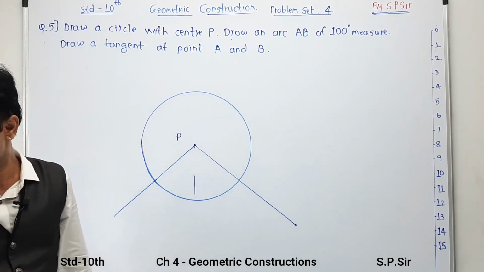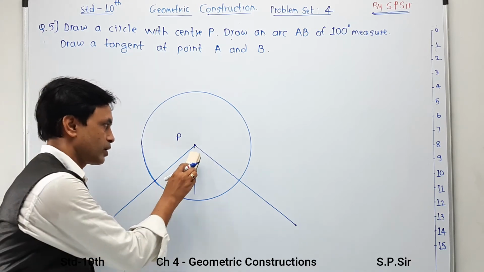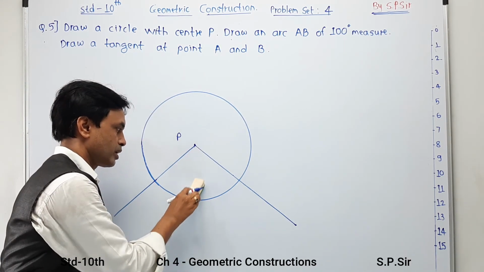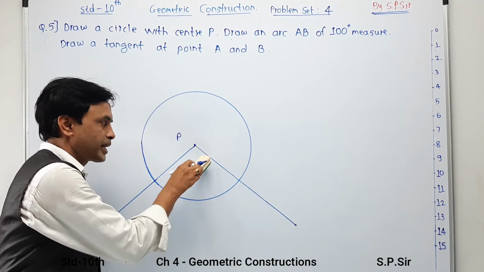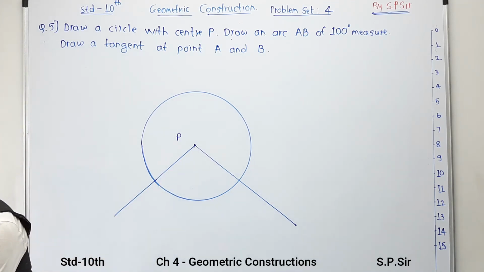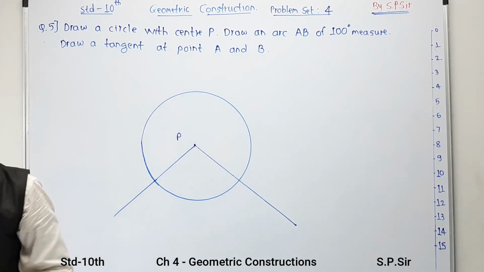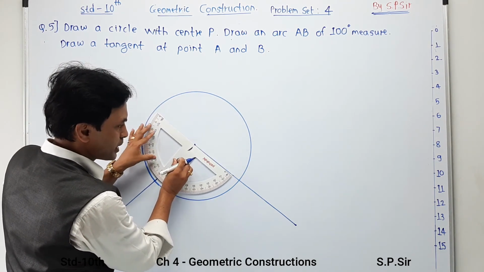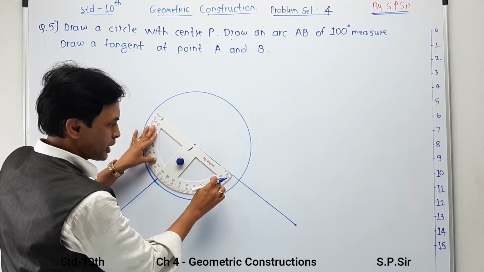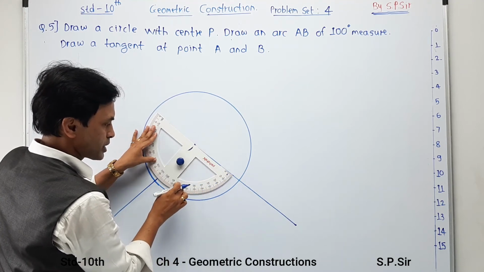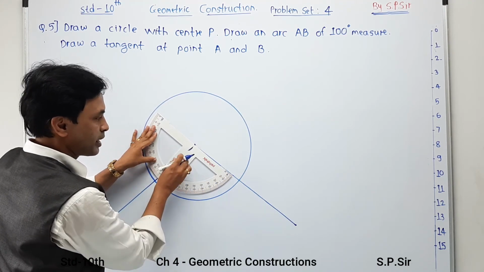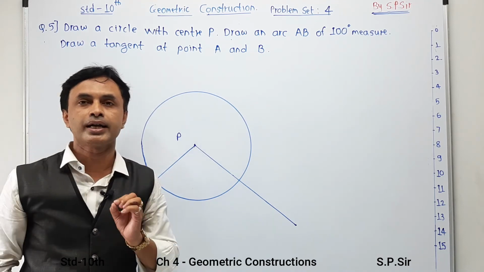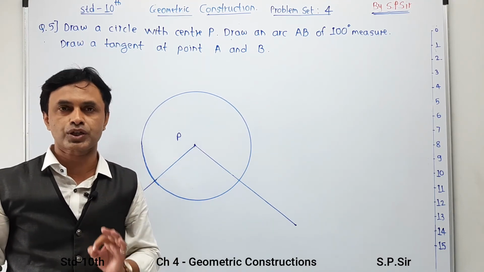If you just remove this line over here, automatically this angle is 100 degree. And again for cross check, please use the half circle over here. For example, here I have kept the center line, my 0, 10, 20, 30, 40, 50, 60, 70, 80, 90 and 100. And in this way my 100 degree is accurately cross checked by me.